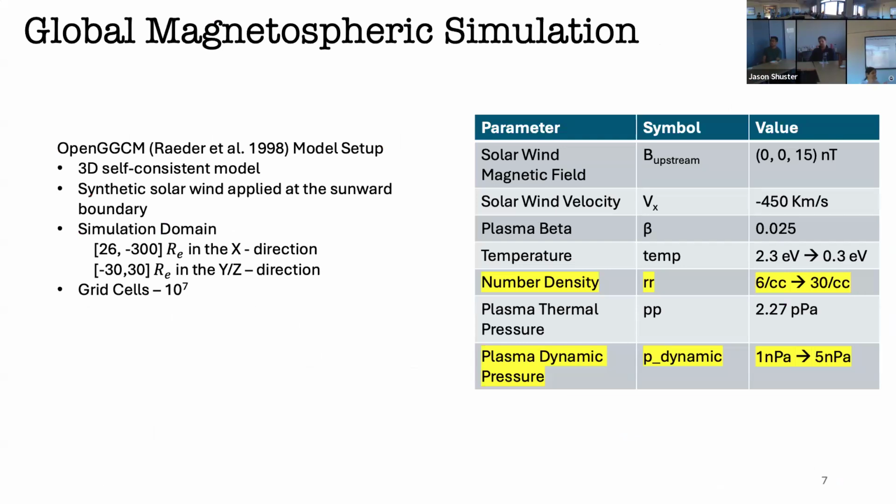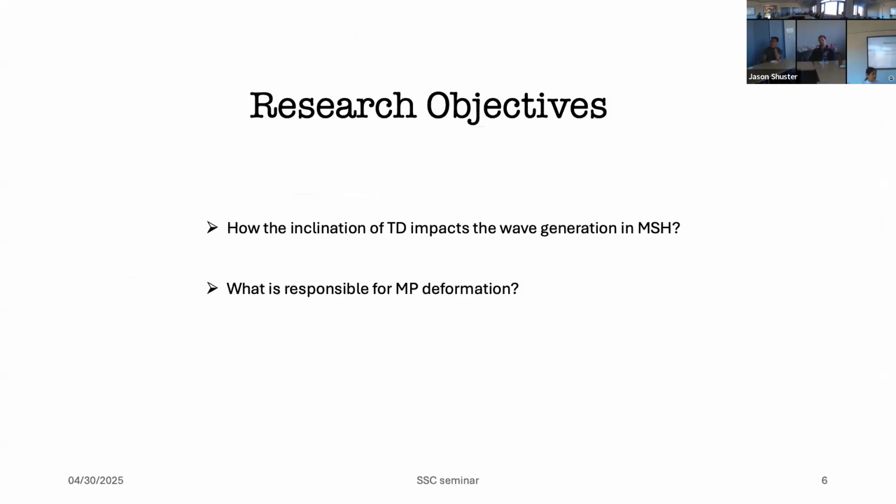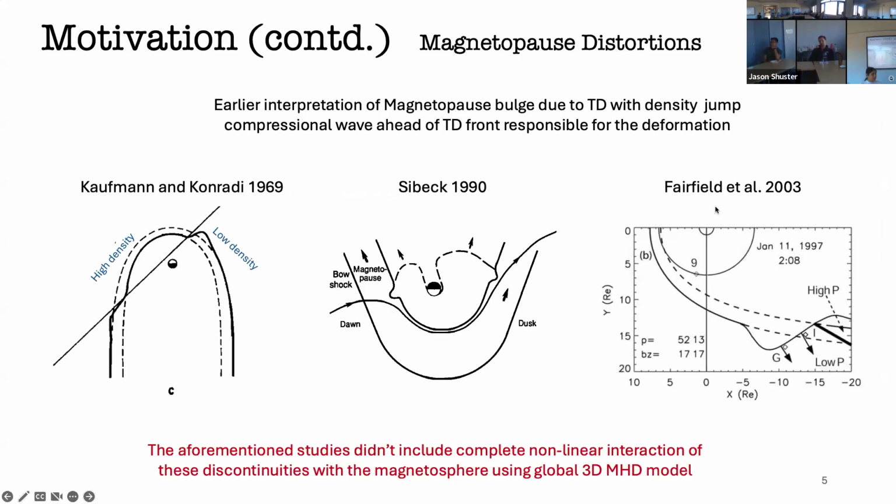I have cases for different density variations, but we stuck with this one, and then the Fairfield 2003 paper has similar conditions, which we found quite late. So it was not intentional initially.